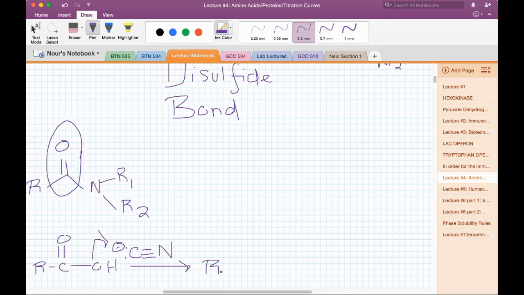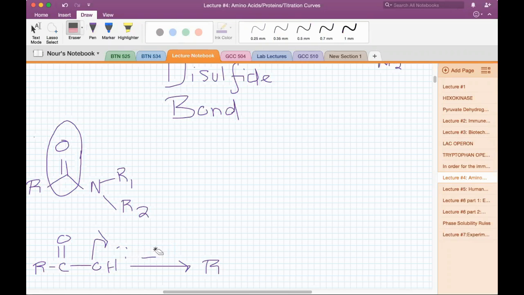It's a carboxylic acid when it reacts to it. I was wrong. It's an amine.